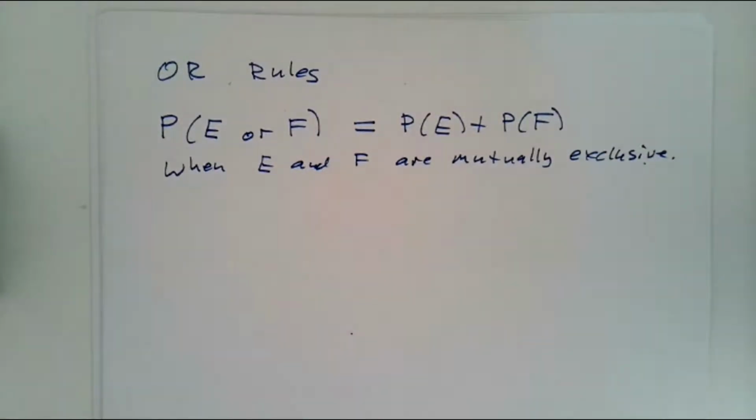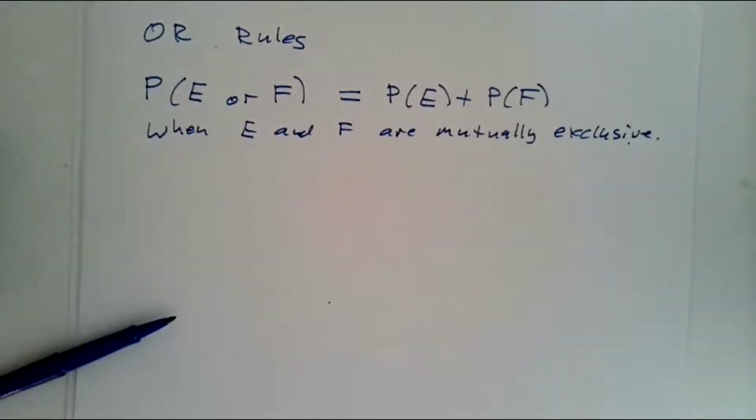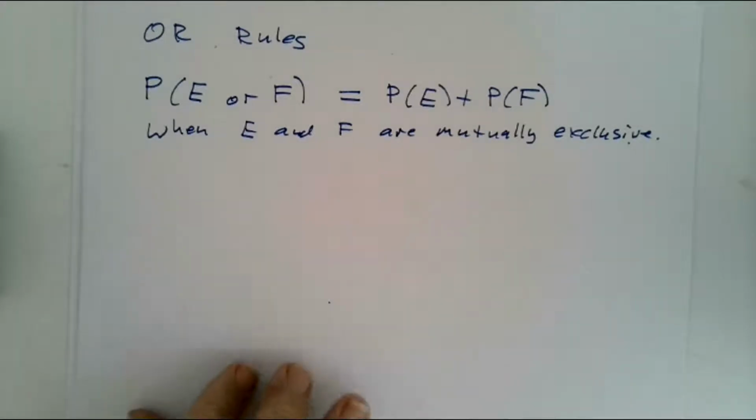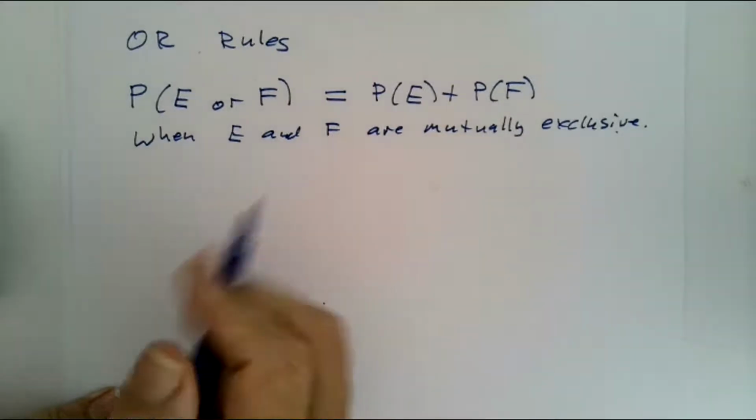So I could ask for, in our first example, diamonds or hearts. You cannot be both diamonds and hearts. Those are mutually exclusive events. That's what enabled us to use that version.